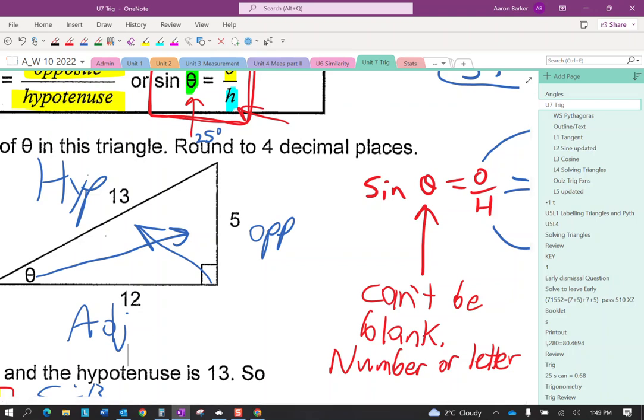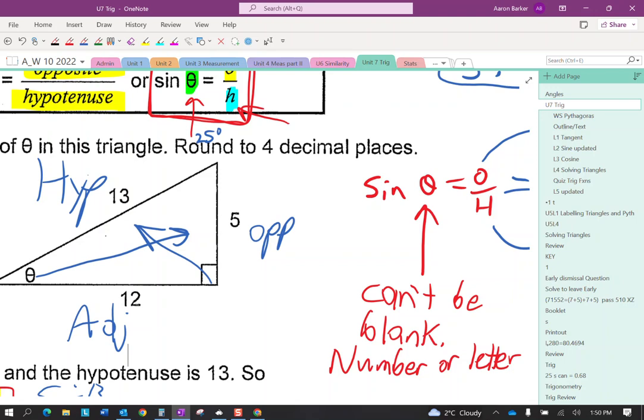It can't be blank. In this case, it's a Greek letter, but it could be a capital X or capital Y or capital W or capital beta or capital theta, like this one. So then what we do is we substitute in the proper numbers for the letters. So which side represents O? What's the number value?